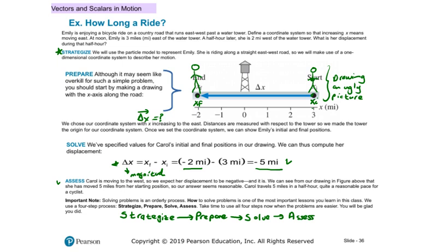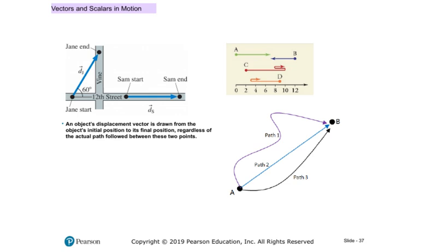I have to show direction too. Here I'm looking at its magnitude. All right. Then you solve it. Apply the equations you know, and then you think about if it makes sense. So assess it. That will always be our problem-solving strategy.